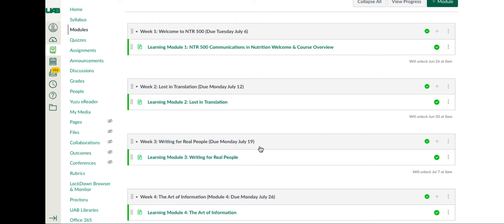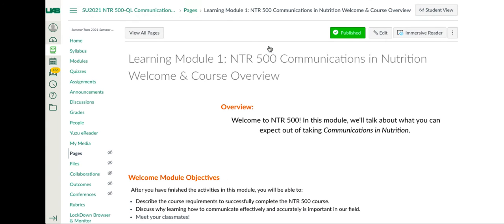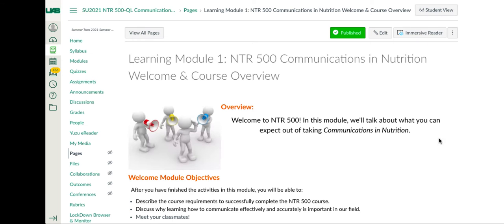And when we take a look at the syllabus and I show you a due date, it's always going to be that the learning module is due on a particular date. And that means everything in that learning module is due at that time. So you can see the due dates here. You'll also see the due dates in the learning modules themselves and then also on the syllabus. So you've got the due dates kind of all over the place.